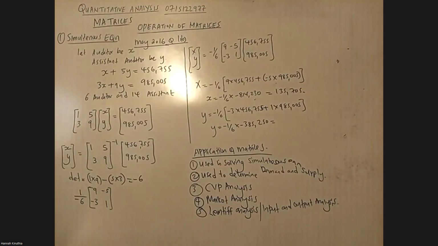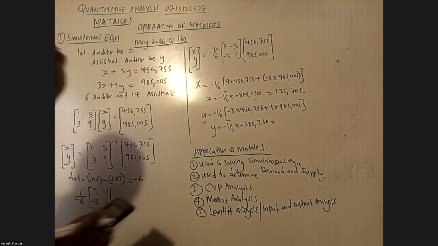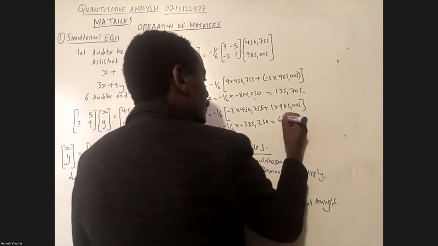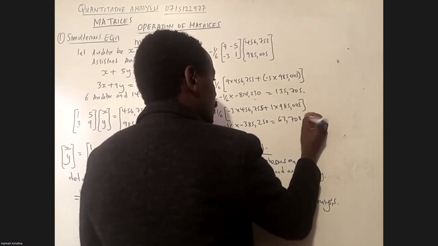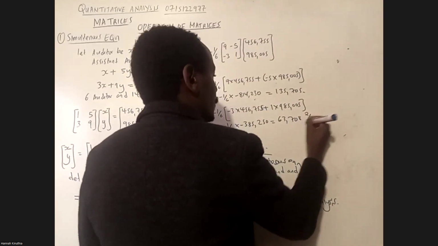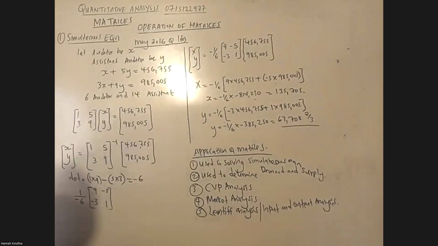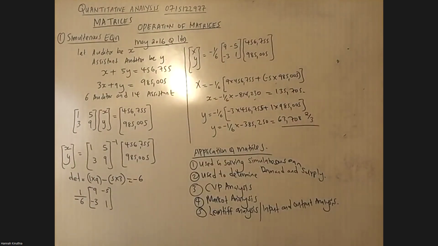Itakuwa minus 1/6 times 382,250. So mnapata 63,708 2/3. Are you getting that one? Yes.